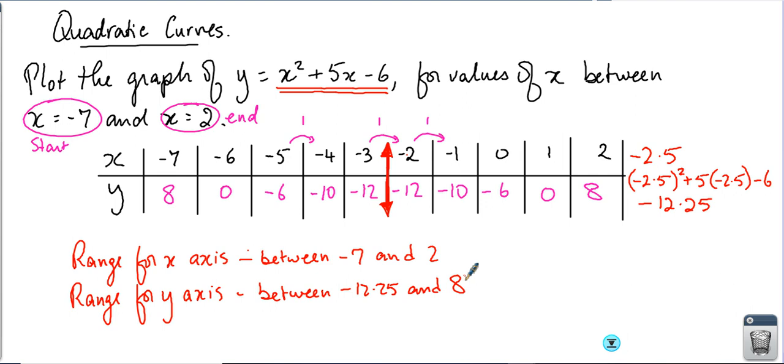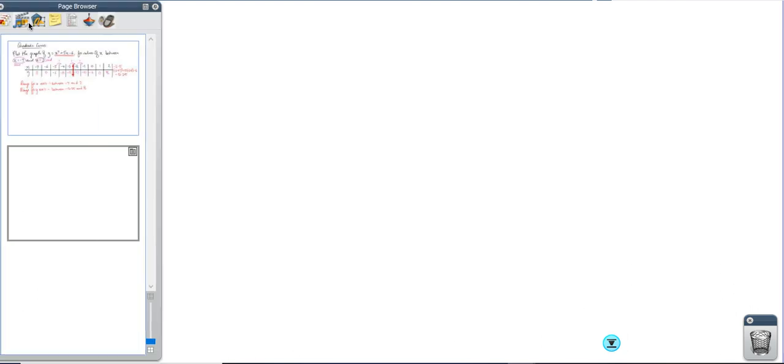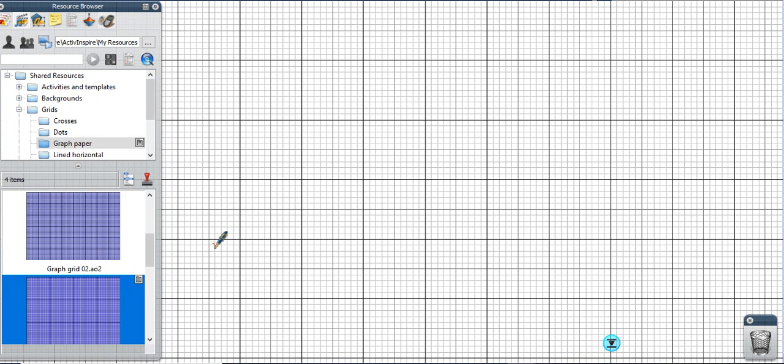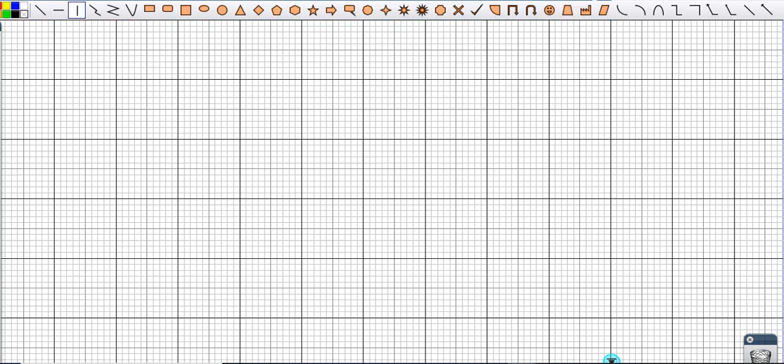So I'm going now to plot that graph. I have from minus 7 to 2, and from minus 12.25 to 8.